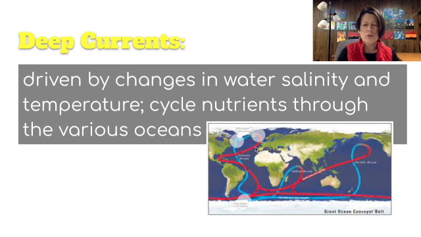And so it goes all over the globe, and it's called the Great Ocean Conveyor Belt. It's actually really slow. It takes about 1,000 years for the water to actually completely circulate, but it is circulating even in the very depths of the ocean.